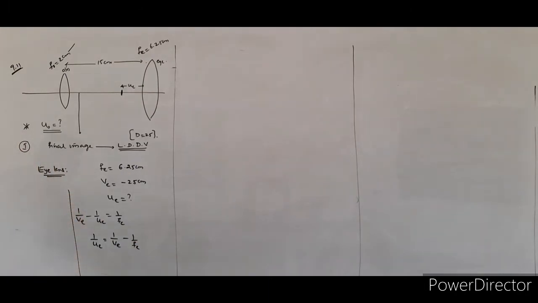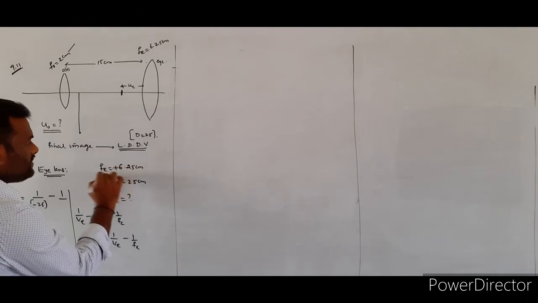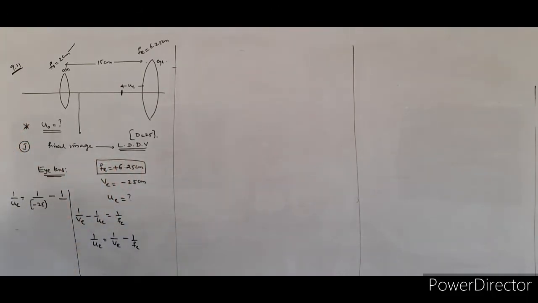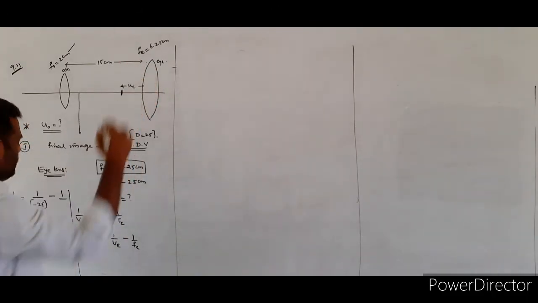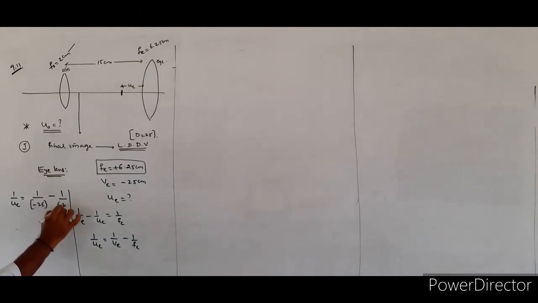If you substitute the values, 1 by UE is equal to 1 by VE, that is minus 25, minus 1 by FE. The focal length of the eye lens is plus 6.25. Why? It is a convex lens, so this value is 6.25 centimeter.